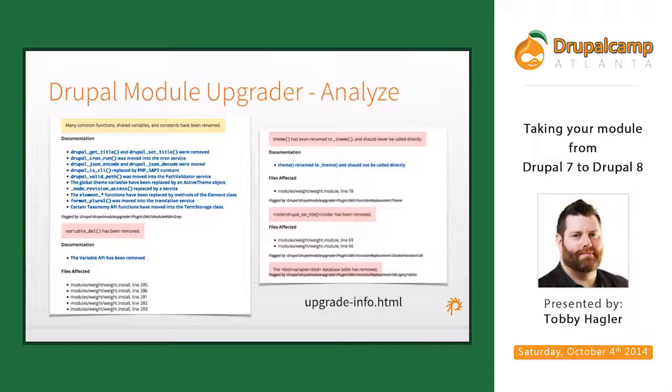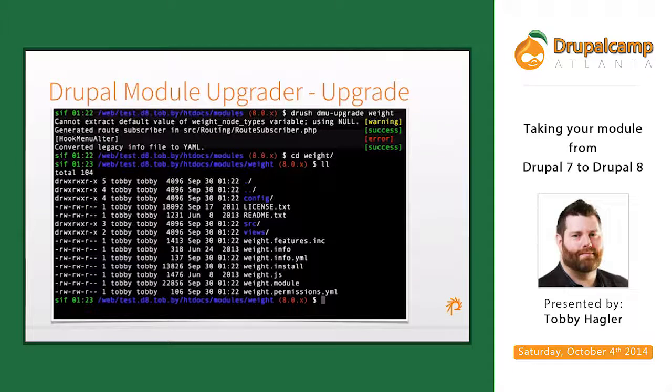For instance, you'll notice in this report it's complaining a lot about hook_form_alter. Conceptually, that hook is deprecated. A lot of the form manipulation stuff has changed because there's actually a form interface that you're using rather than straight up form hooks. So it's not handled very well here, and that's why you see a bunch of error messages about hook_form_alter.